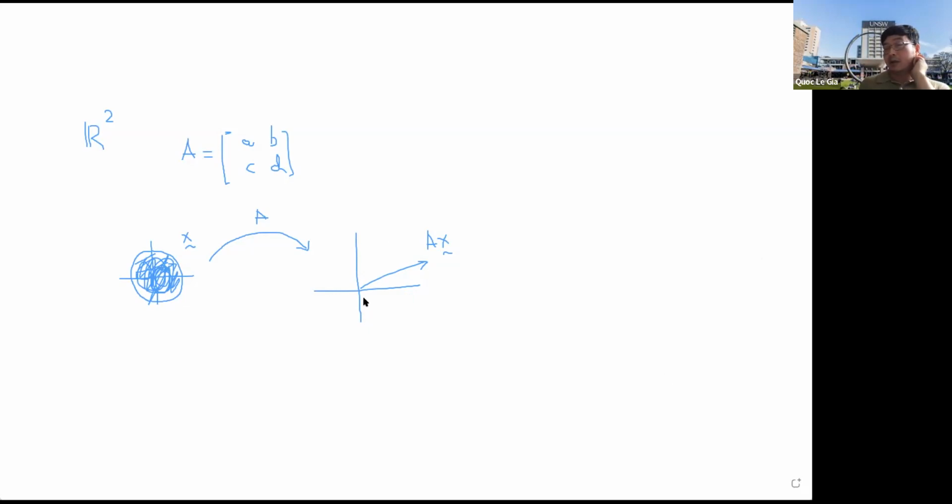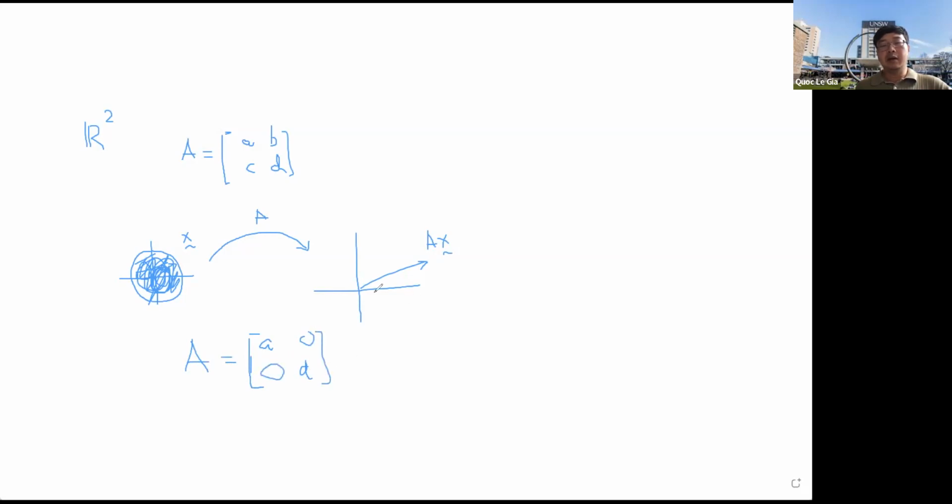It will be an ellipse, and the ellipse will be centered at the origin, okay? I mean, suppose you just take a very simple case, suppose I just take a diagonal matrix, yeah? So you got A here, and you got D here, and 0, 0 here, okay?